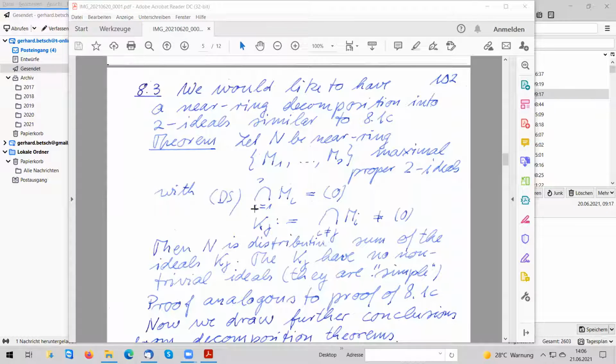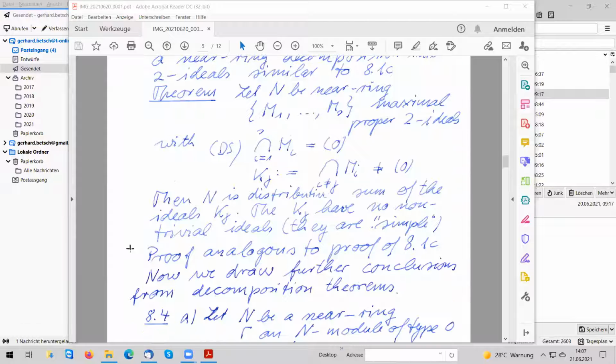Let N be a near-ring, M1 up to Ms maximal, proper, two-sided ideals with this condition ds, intersection of all the Mi is 0, and the intersection over all Mi, i not equal to j, call this Kj, is non-zero.